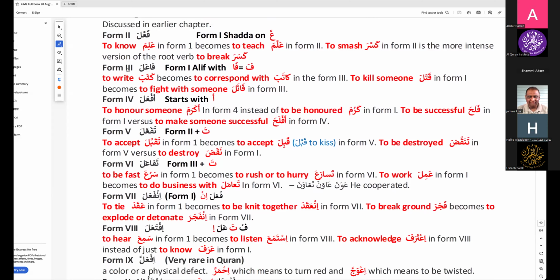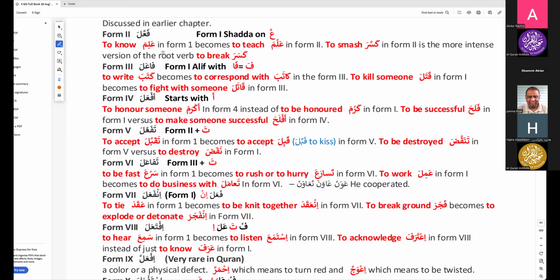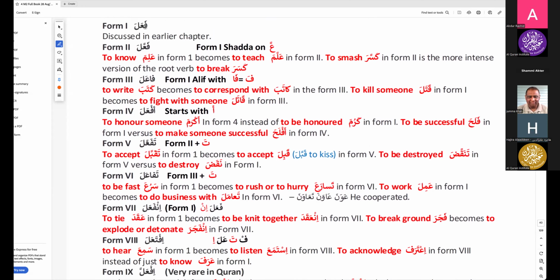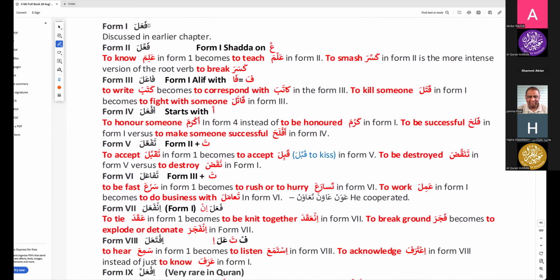Okay. Form 3, faa'ala. Form 1, fa'ala. An alif is added here after the fa. Faa'ala. You can see form 1, fa'ala, there is no alif here. Just 3 simple letters. But here, form 3 is faa'ala.